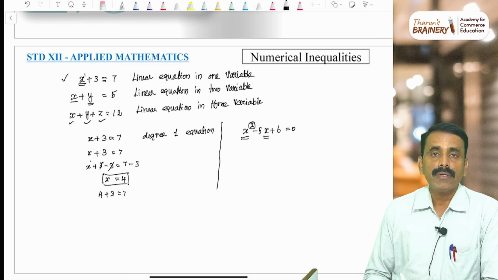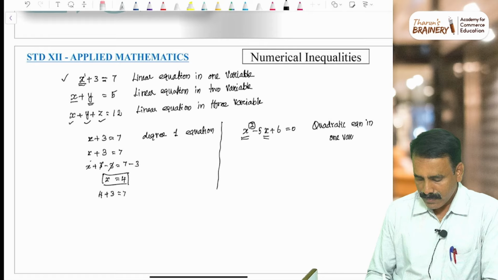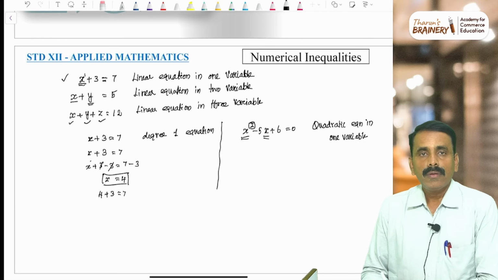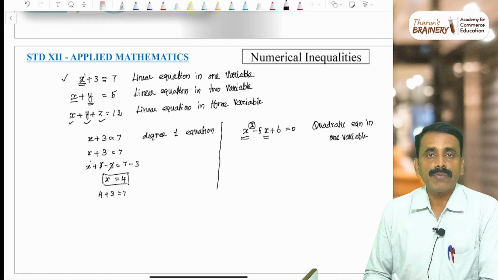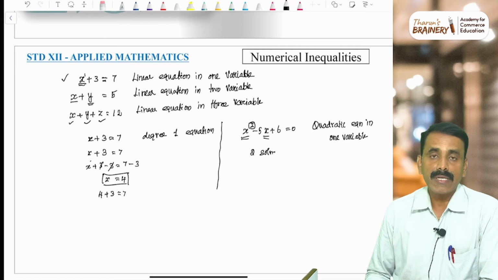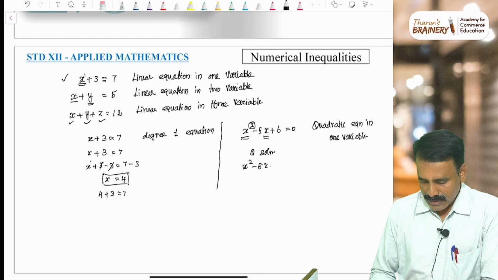So this is called a quadratic equation, a quadratic equation in one variable. Then how many solutions will this equation have? This equation will have two solutions if they exist.